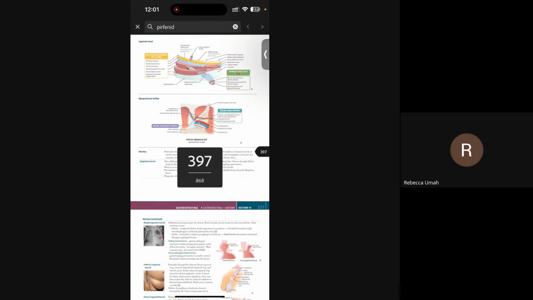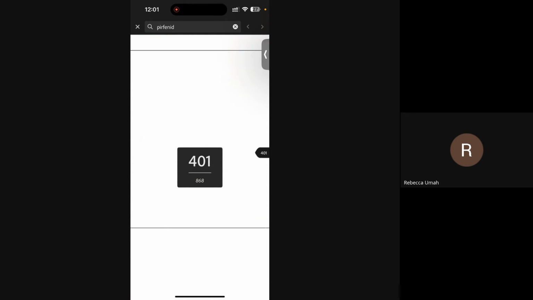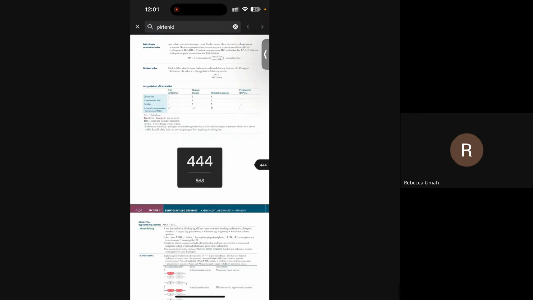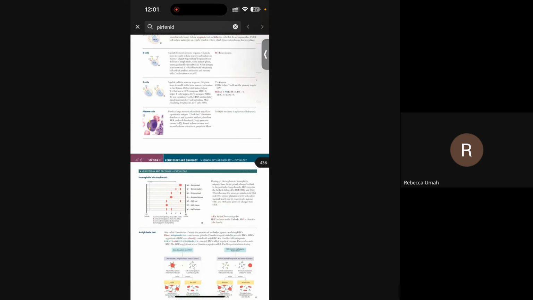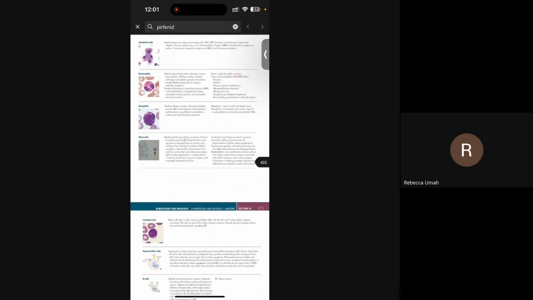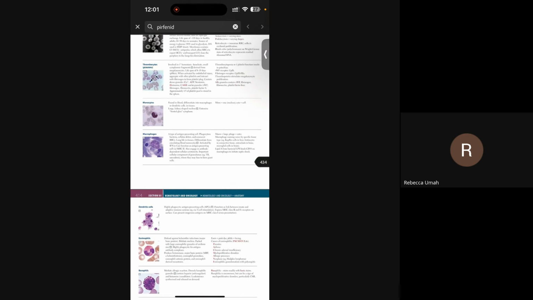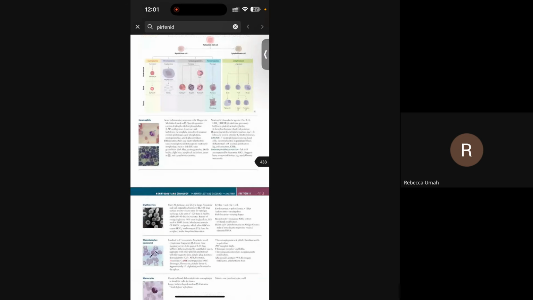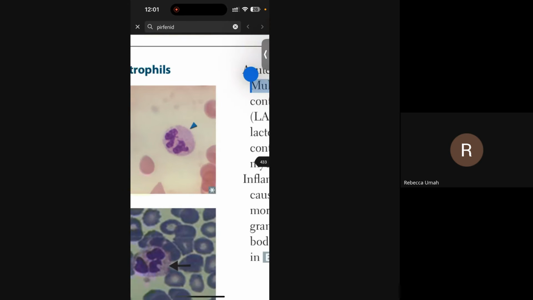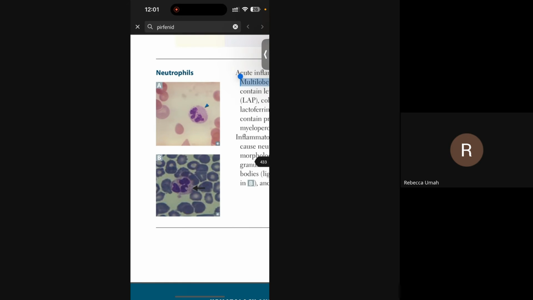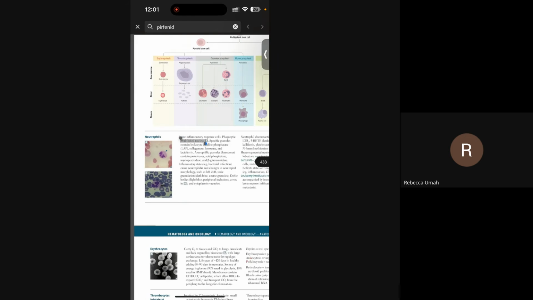Neutrophils have a multi-lobed nucleus. See the nucleus, it has many lobes.